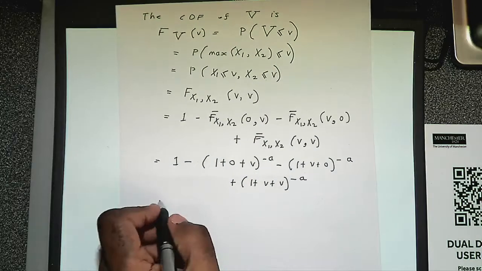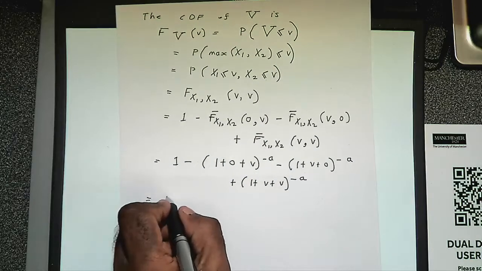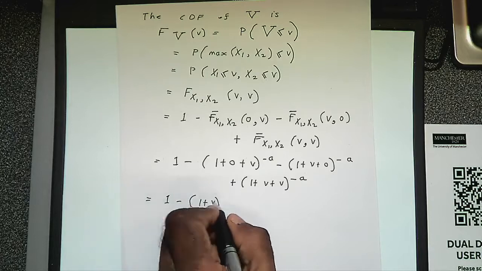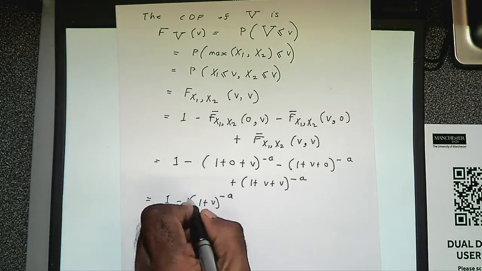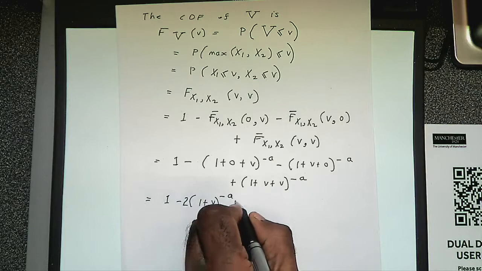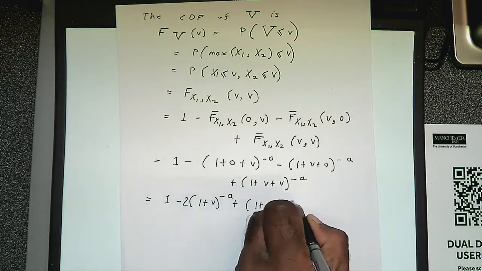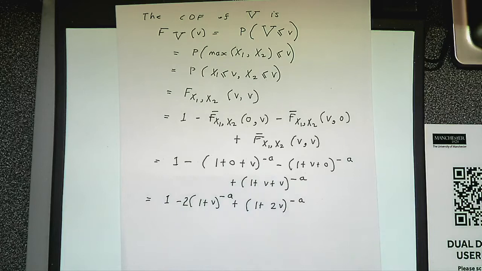Okay, so this will be 1 minus 1 plus v minus a, and there are two of them, plus 1 plus 2v. So this is the CDF of the maximum portfolio loss, right?